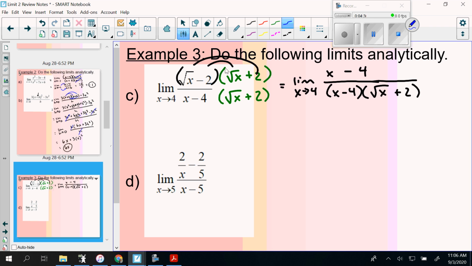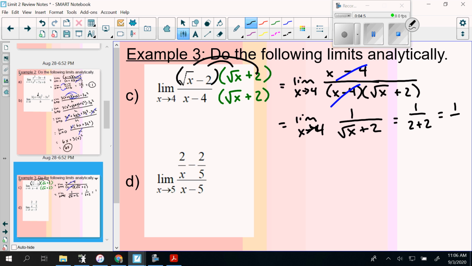Now we have some cancellation that's going to happen with this. So now our limit turns into just 1 over square root of x plus 2. Now we should be able to plug that in and solve for our answer. So if we substitute in, square root of 4 is 2, and so we get 1/4. So that's what that one's approaching.